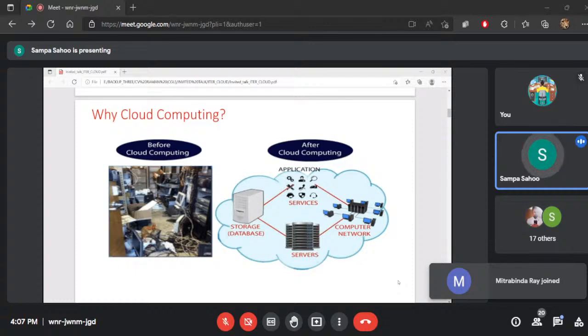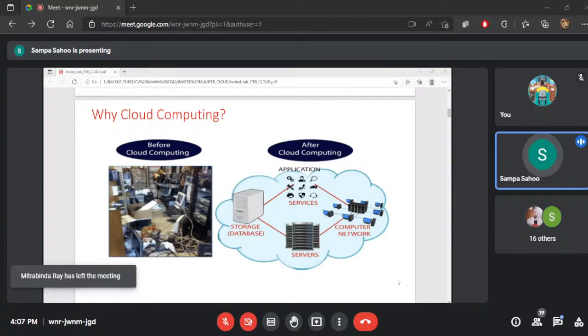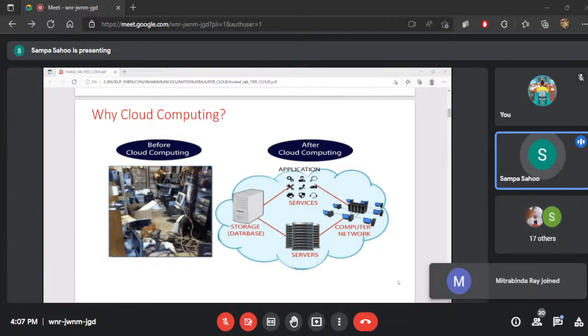But now that thing will be done by a third party, so the time will be reduced, and effort will be reduced. The user just needs to rent or pay for the service from the cloud, and they can use that.